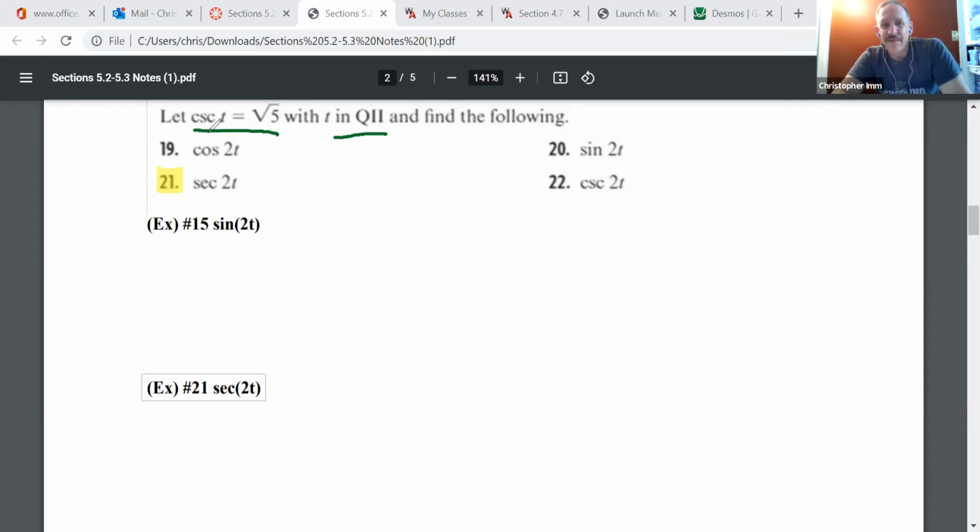Okay, no problem. So if cosecant of t is square root of 5, we would know its reciprocal. So what's its reciprocal? 1 over root 5. Yeah, and that would be which function? So the reciprocal of cosecant.